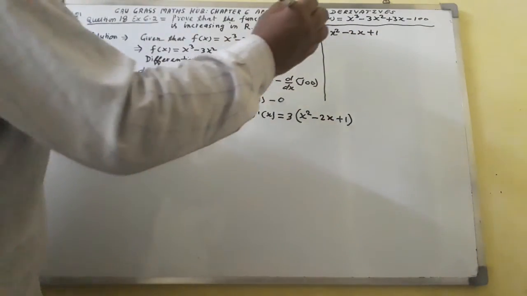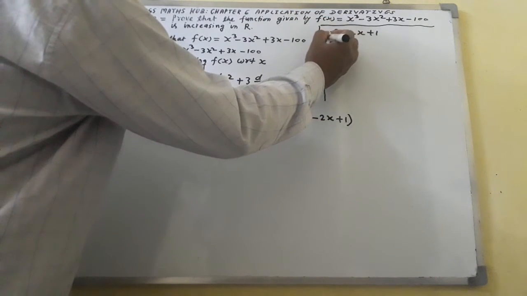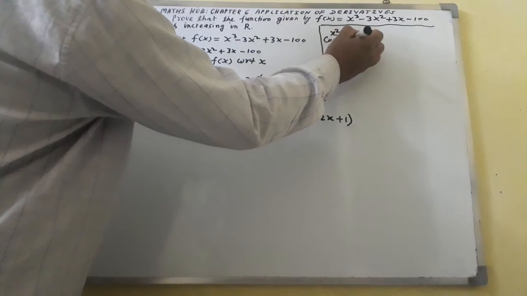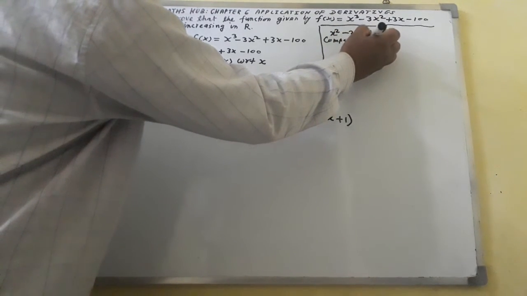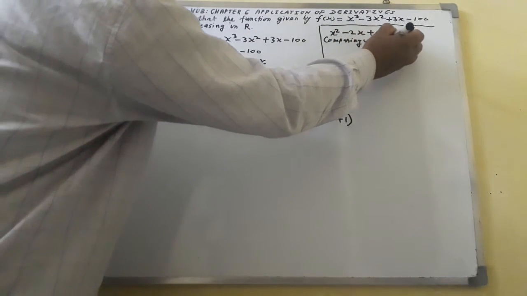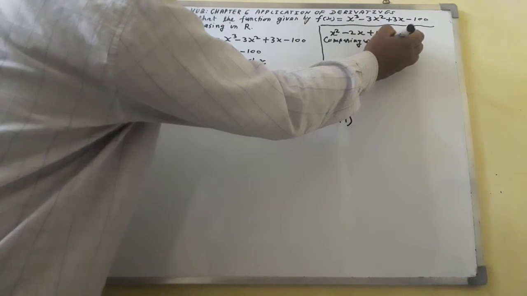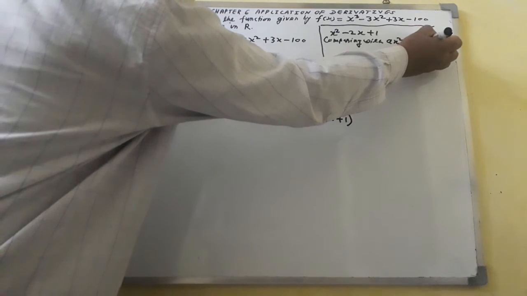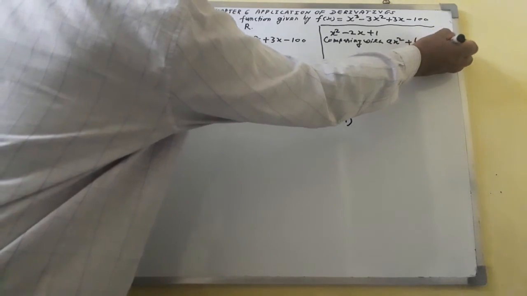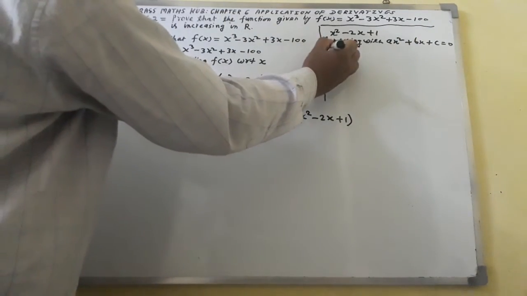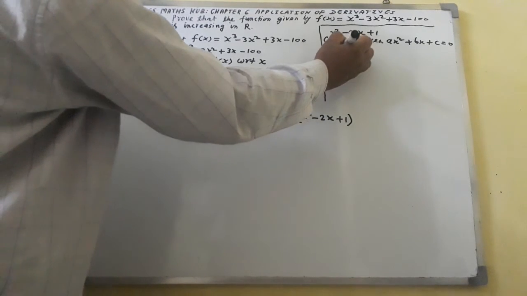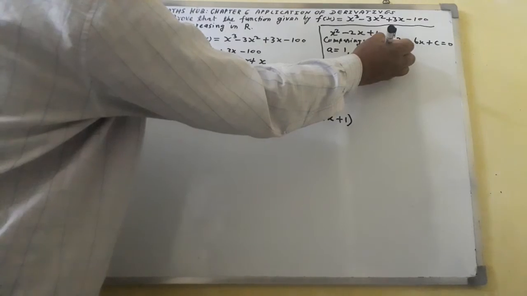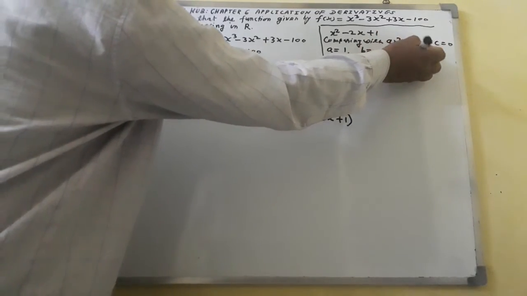So here, comparing with ax square plus bx plus c equal to 0, we will get a equal to 1, b equal to minus 2, c equal to 1.